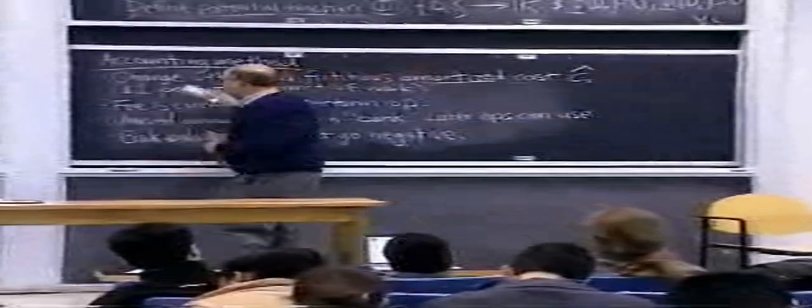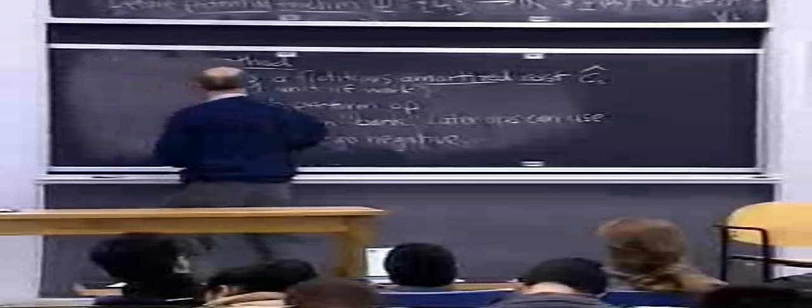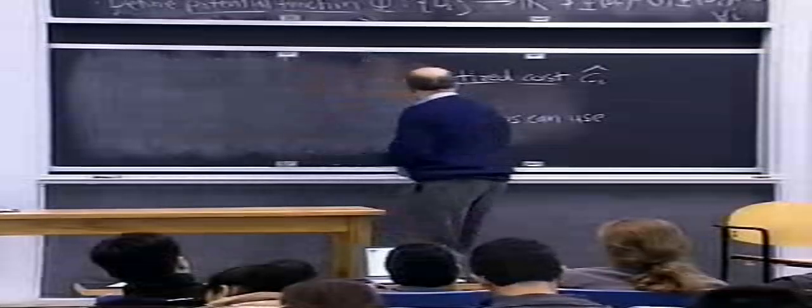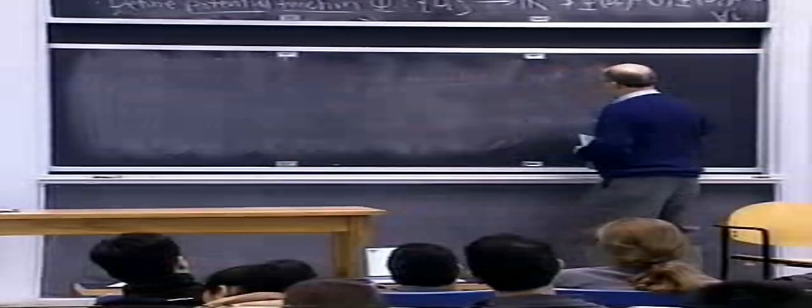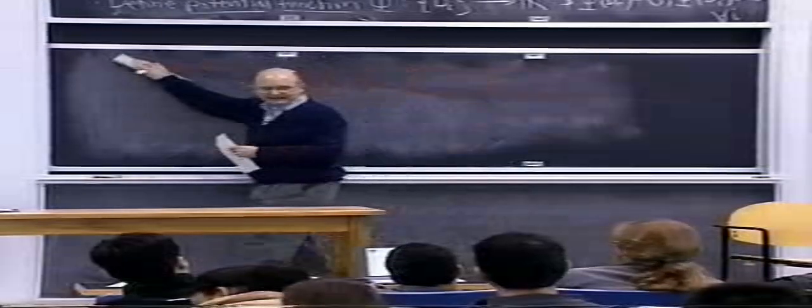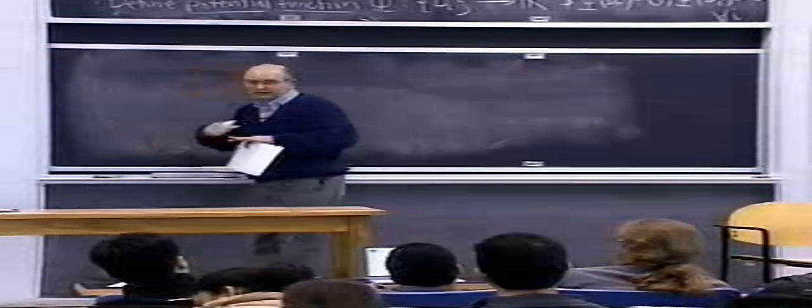So we're sort of going, as I say, backwards from the accounting method, where we assign a cost to each operation and then show that the bank account never goes negative. Here we start out with a potential function that has the property that it's never negative.